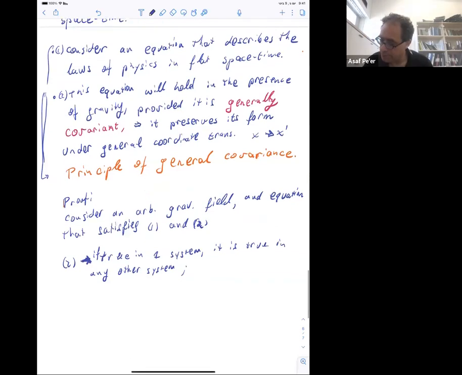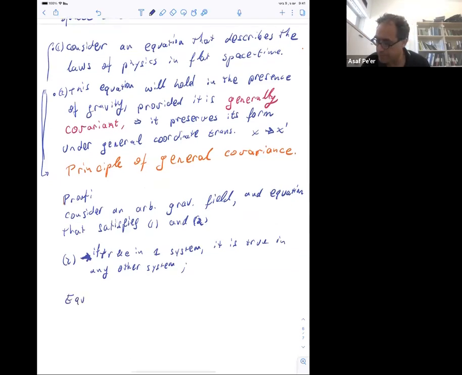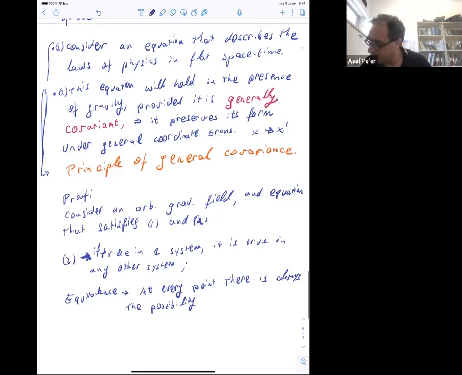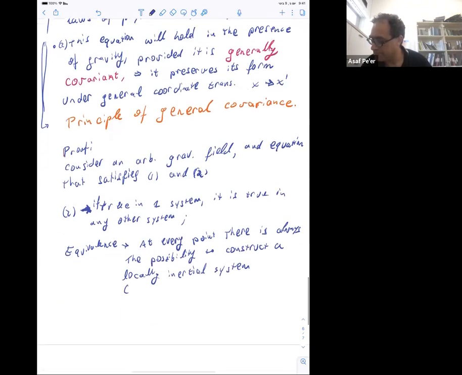Principle of equivalence: we can always find at every point the possibility to construct a locally inertial system, like a freely falling elevator.